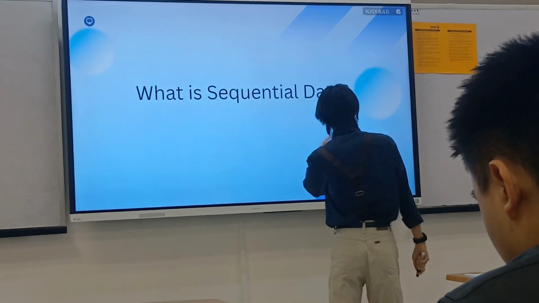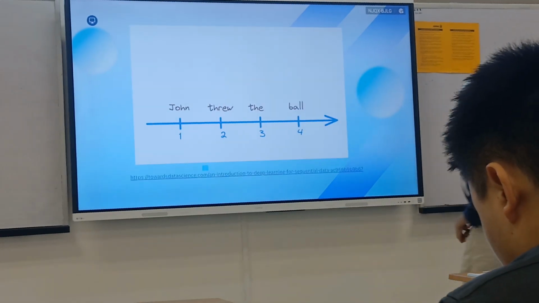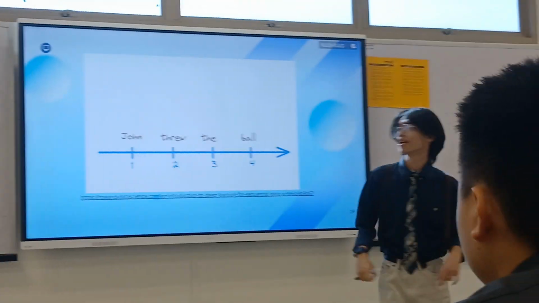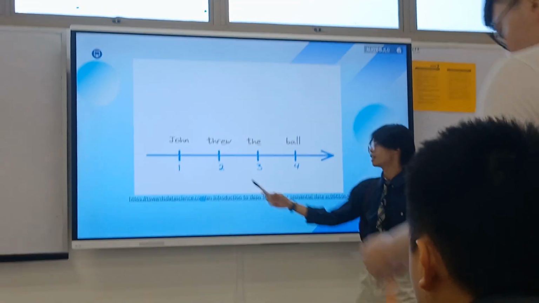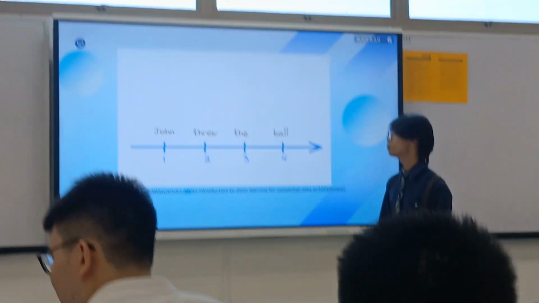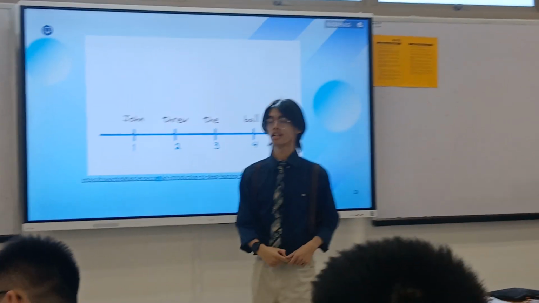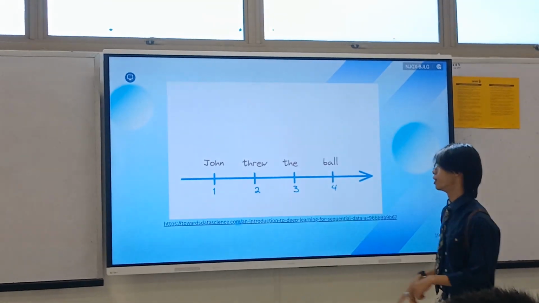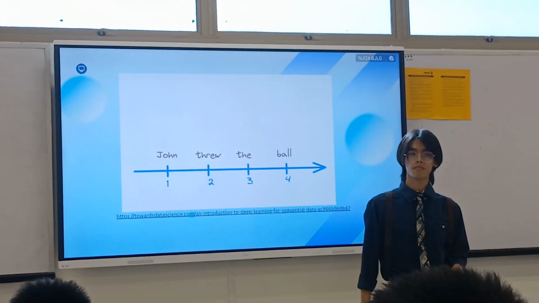What is sequential data? Sequential data can be normal English sentences, like John threw the ball. You can see that it is arranged in an ascending order, 1, 2, 3, 4. Sequential data. If we were to use the same exact words, John threw the ball, and rearrange it somehow, the ball threw John, for example.